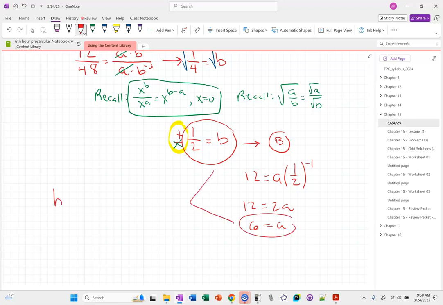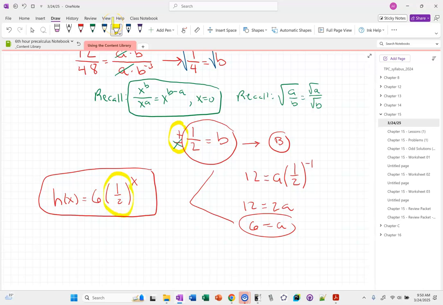So if I take those together, I have h of x equals 6 times 1/2 to the x. Now, I want to point something out that I'm going to be picky about here.